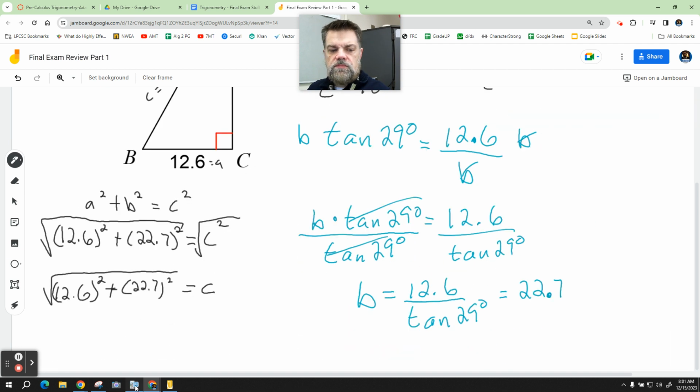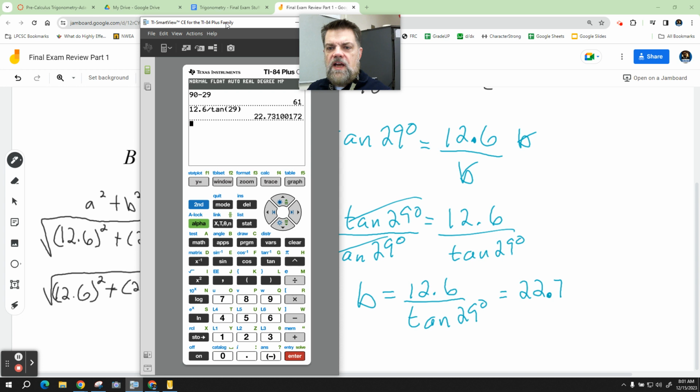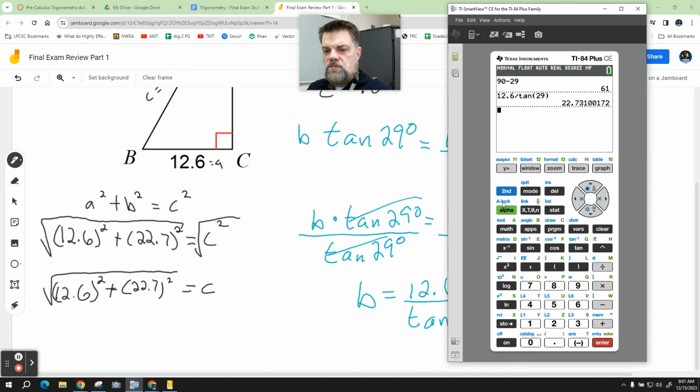Let's do it. You could do that in one little calculation on your calculator. Put the square root down, start parentheses, 12.6, close parentheses, square that, plus, start parentheses, 22.7.